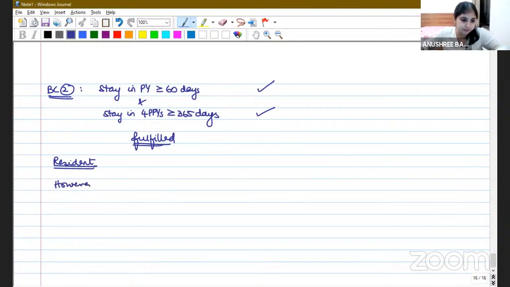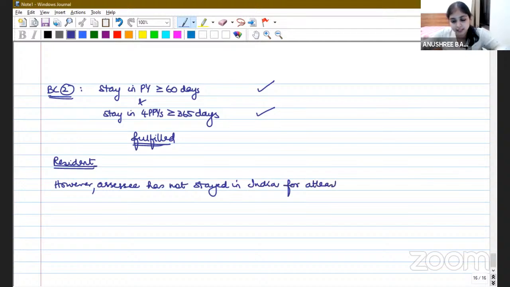However, assessee has not stayed in India for at least 730 days in 7 preceding previous years.